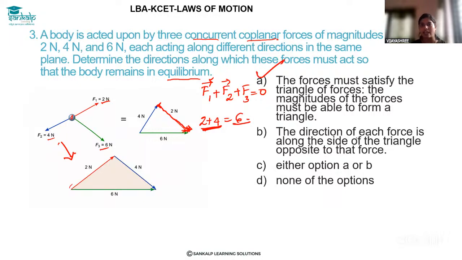Let us look at option B. The direction of each force is along the side of the triangle opposite to that force, it says. Each force acts along the side opposite to that force in the force triangle. That is also correct.